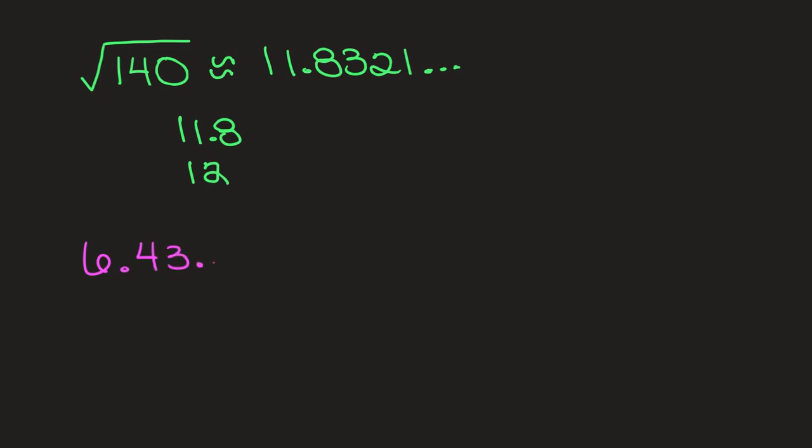6.43, and we'll just assume it goes on forever. We are going to compare it to the square root of 40. I want to know, is the 6.43 greater or less than the square root of 40, and how you decide on this?